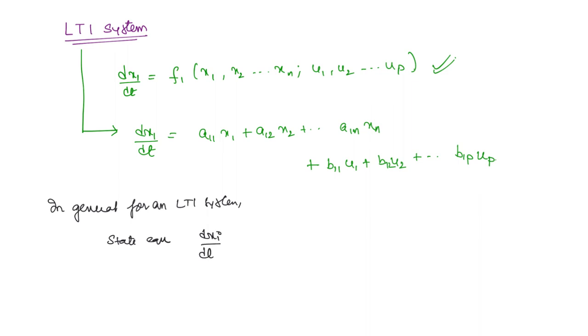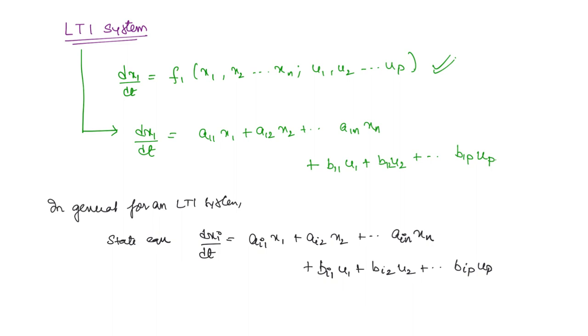dxi by dt is equal to ai1 x1 plus ai2 x2 plus so on till ain xn plus bi1 u1 plus bi2 u2 plus so on till bip up. Okay.